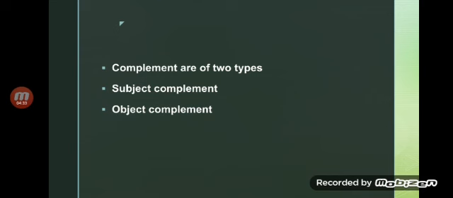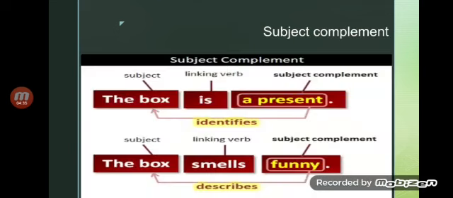We have talked about the two types of complement, and here we are giving you the structure of the subject complement. I am telling you in points now. Number one, subject complements are the complements that describe the subject. Here you can see in this example, the box is a present.